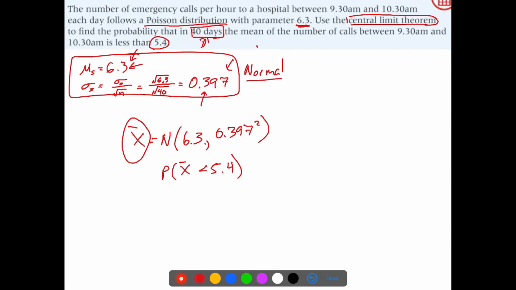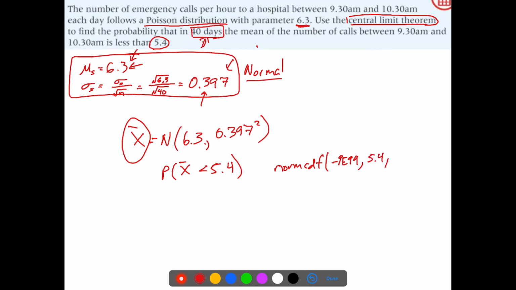So we go ahead and we can put this into our calculator as normal CDF. Remember, with normal CDF, they do ask us to put in our range first. So go ahead and put in our range. We'll go from negative 9E99 or some other really big negative number.